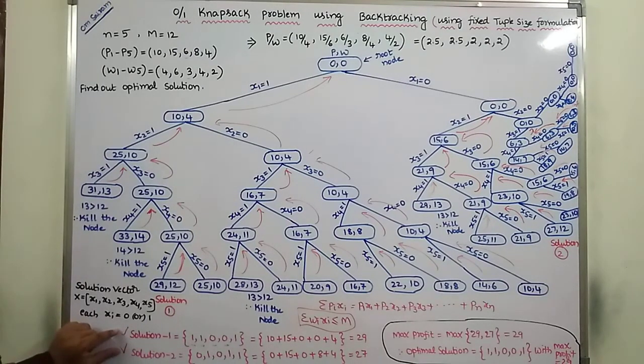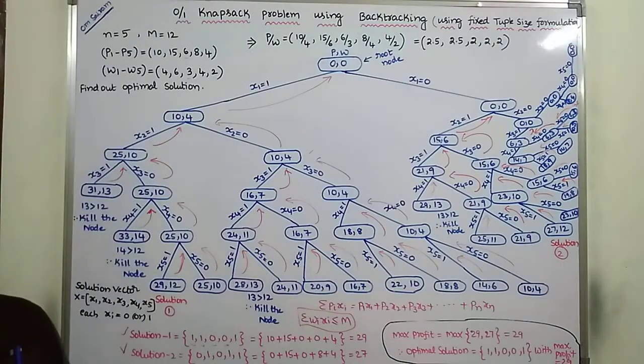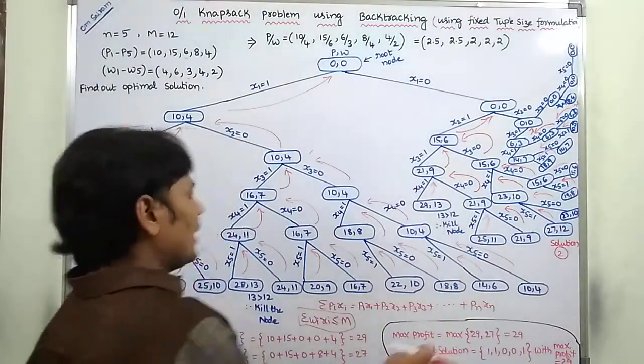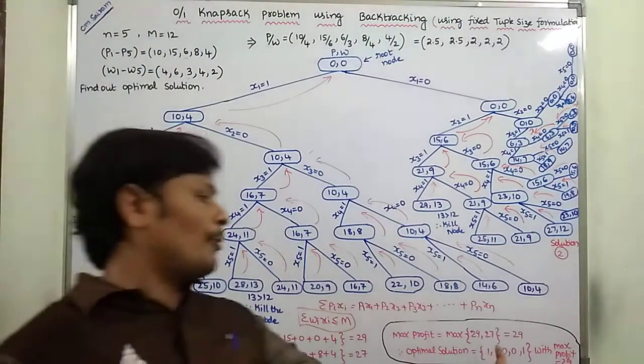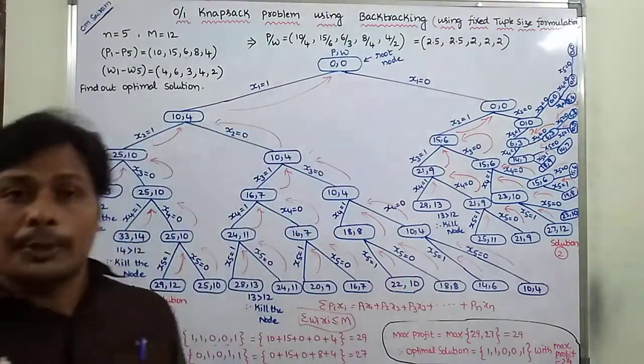Among the two feasible solutions, the feasible solution that has the maximum profit becomes the optimal solution. So maximum profit is equal to 29. Therefore, optimal solution is equal to this one, 11001, with maximum profit equal to 29.